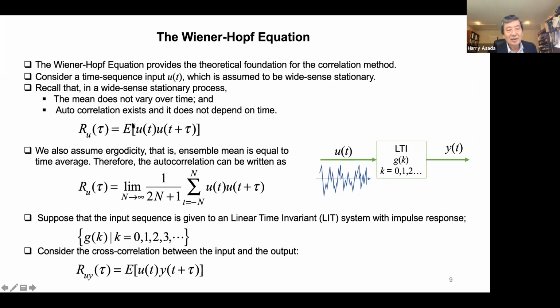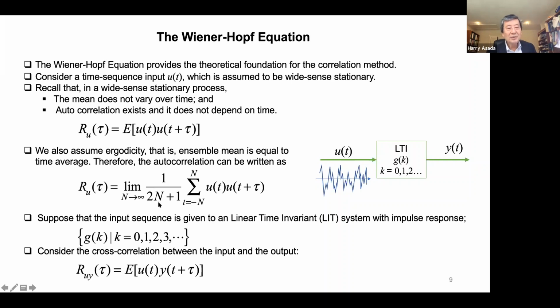However, that ensemble mean equals the average over the time axis. Here UT plus tau is observed over the period minus n to plus n, and then we take the average and push n to infinity. If you do so, it agrees with the ensemble mean. That's ergodicity, right? So we assume these two.